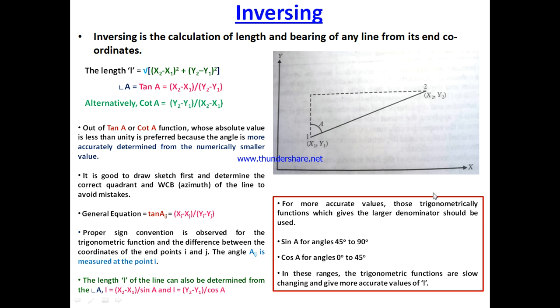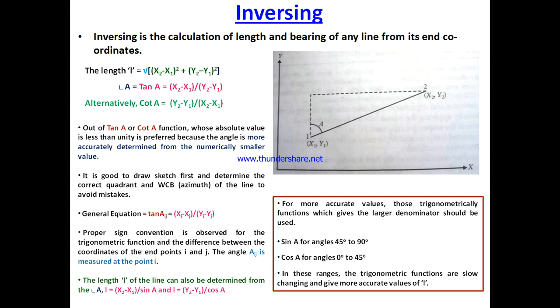Now for a more accurate value we need to choose those functions which will give the larger denominator, or in other words, which will give numerically smaller values. So I need to choose those trigonometrical functions only. For that reason, the sin A angle will always be chosen from 45 degrees to 90 degrees, while cos A values will always be chosen from 0 degrees to 45 degrees.